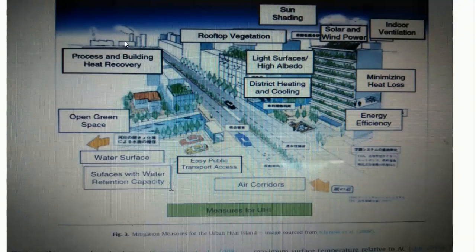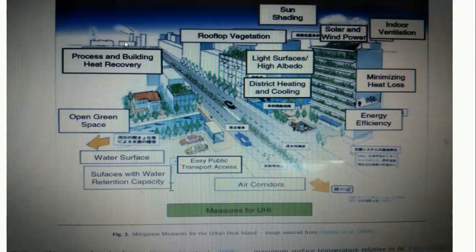So the more people live in the cities, the more buildings are constructed and the less vegetation there is. So the mitigation measures are needed in the city design.